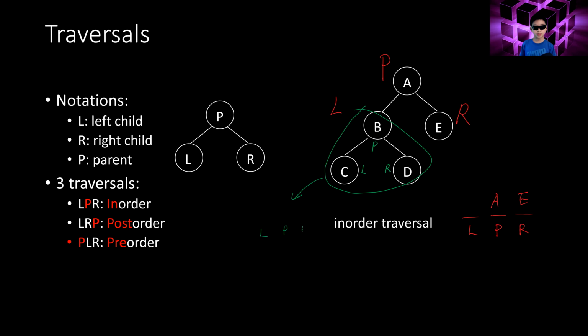Looking at this subtree, we follow the order L, P, and R. The in-order traversal of this subtree is CBD. Put it back to the original tree. Now we completed the in-order traversal. The output is CBDAE.